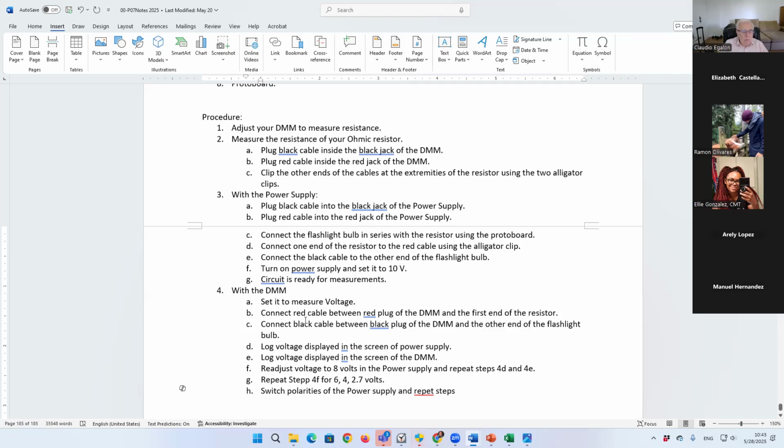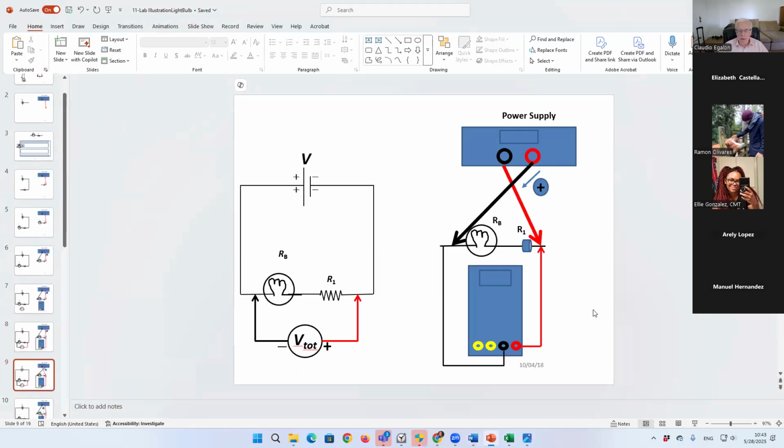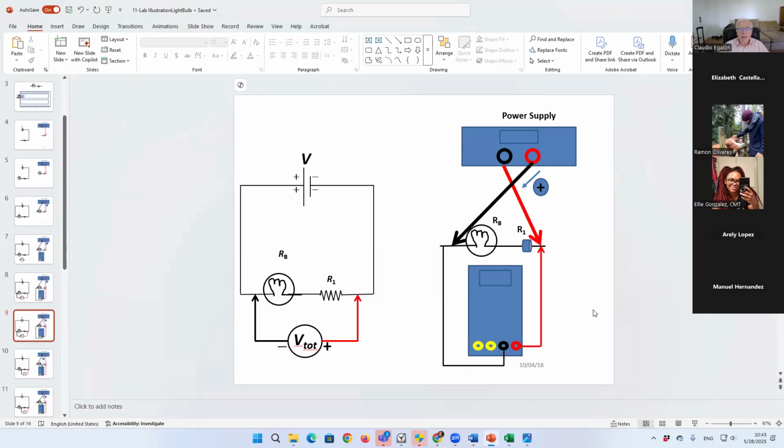Set it, measure voltage with the DMM, okay, and repeat the steps for 10, 8, 6, 4, and 2.7 volts. Okay, and the drawing is this one right here. And when you do that, you should read negative voltage.